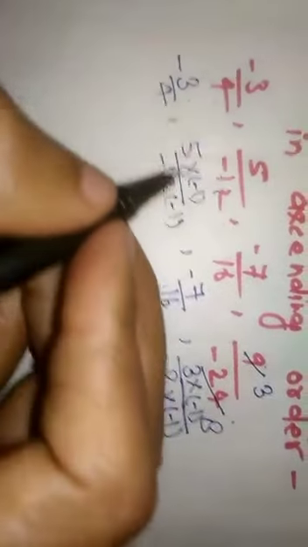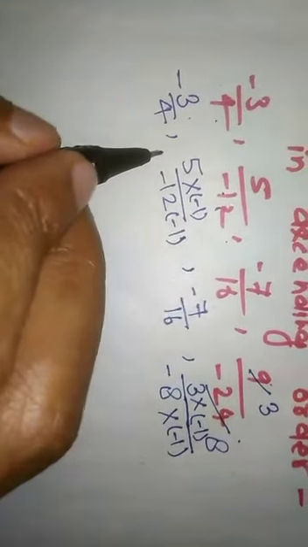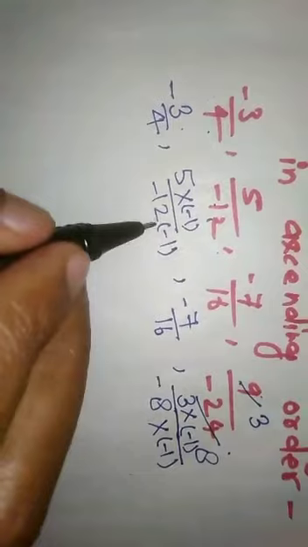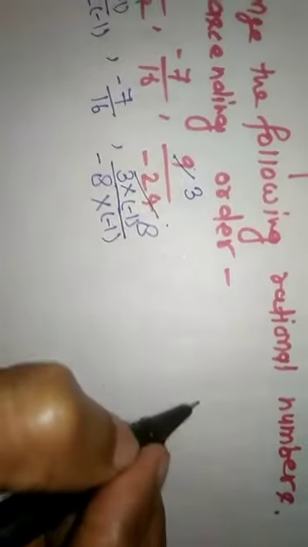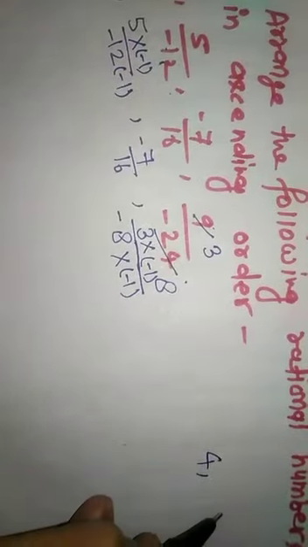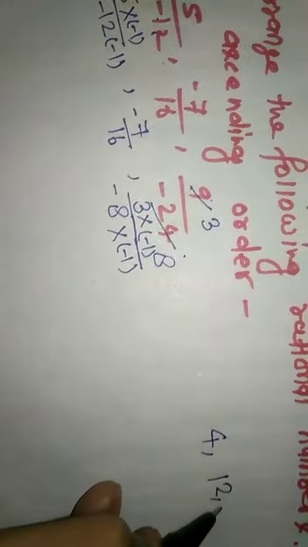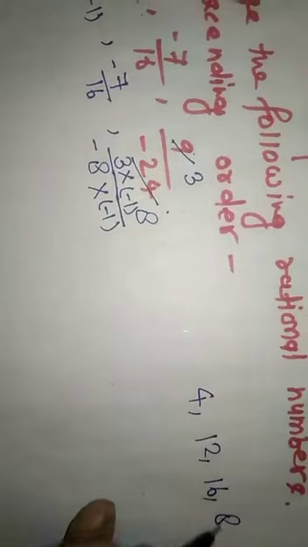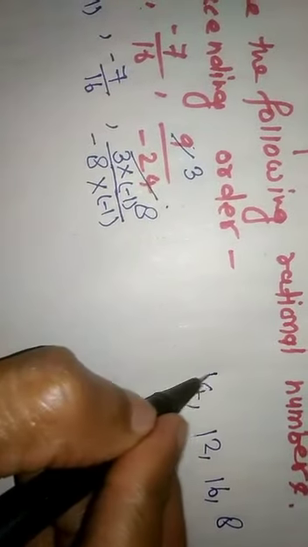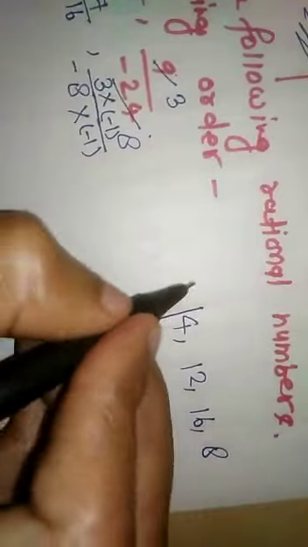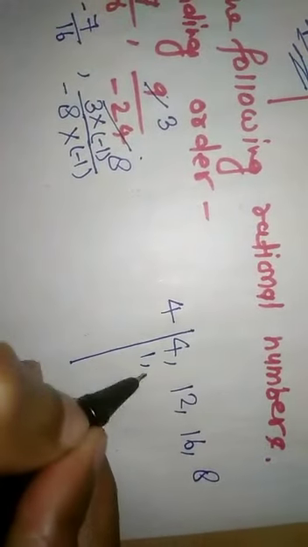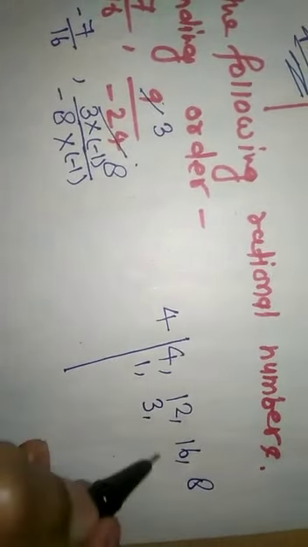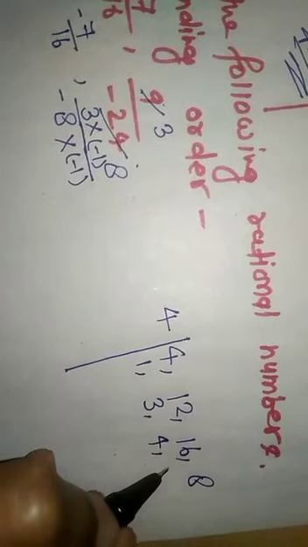After that, we find the LCM of these: 4, 12, 16 and 8. Find the LCM. 4, 12, 16, 8. Divide by 4: 1, 3, 4, 2.